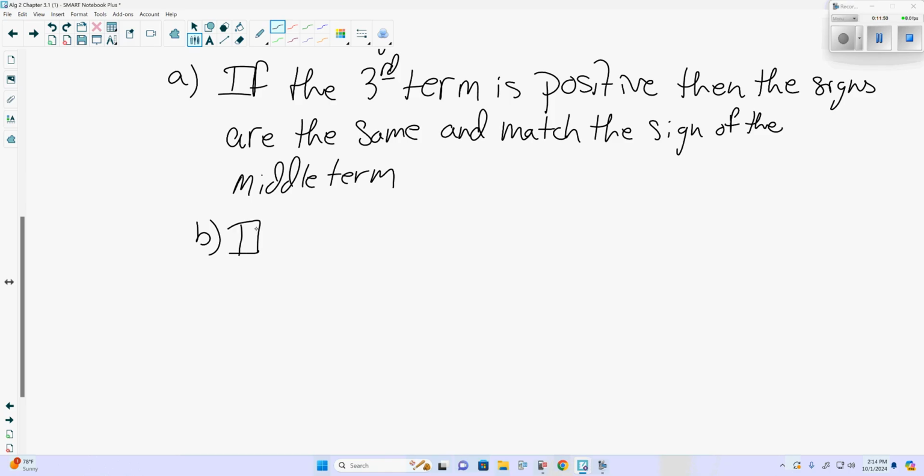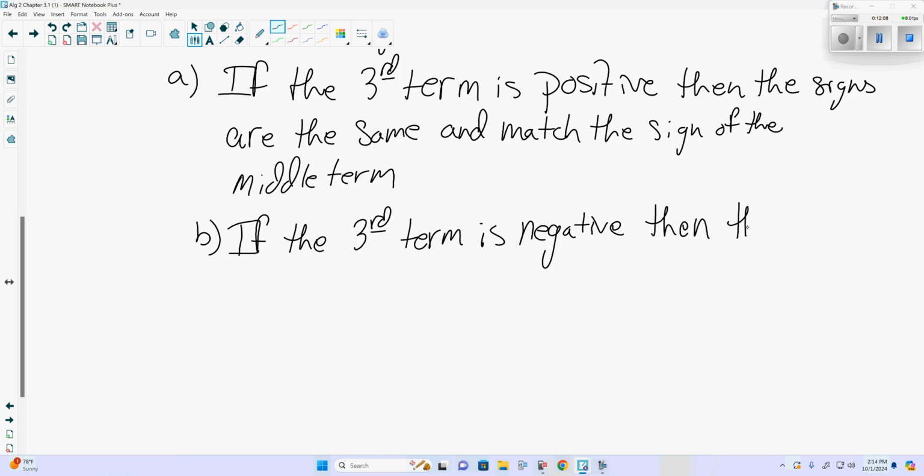Now, if the third term is negative, well, that's how much we have to write for the positive. If the third term is negative, then the signs are opposite.